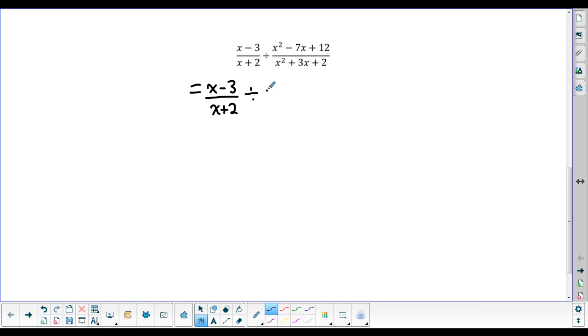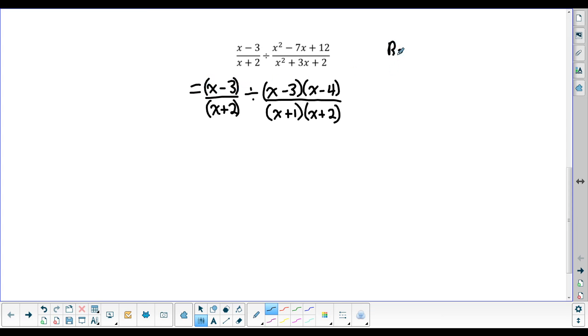I think it's going to be -3 and -4. Here we want to add to 3, multiply to 2, so that'd be 1 and 2. So x plus 1, x plus 2. Put brackets around these just to keep them nice and organized and everything look consistent.